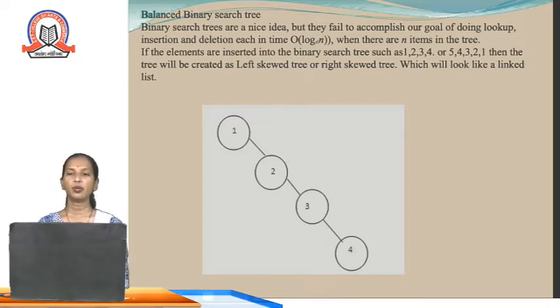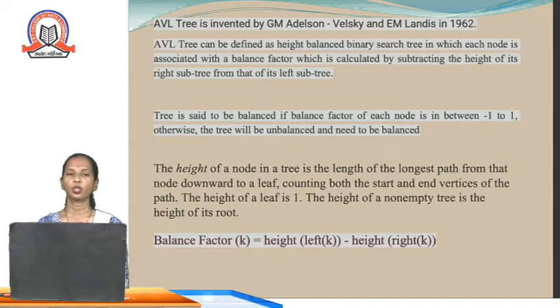If the elements are inserted in descending fashion, that is 5, 4, 3, 2, 1, then it is going to be a left skewed tree. To resolve this problem, the concept of the balanced binary search tree was thought of. This problem was given a solution by three persons, Adelson-Velsky and Landis, in 1962.